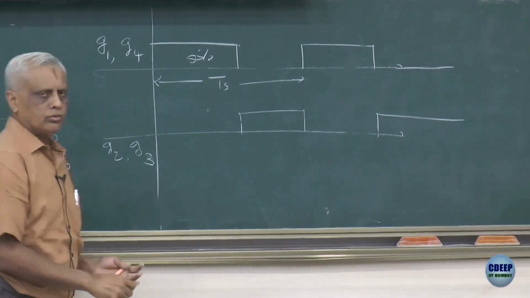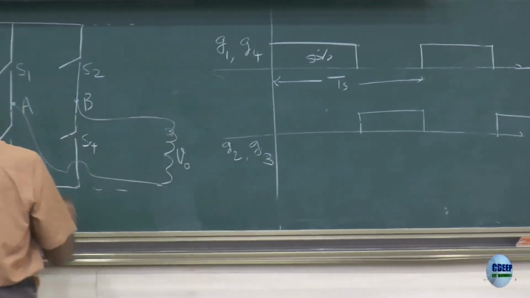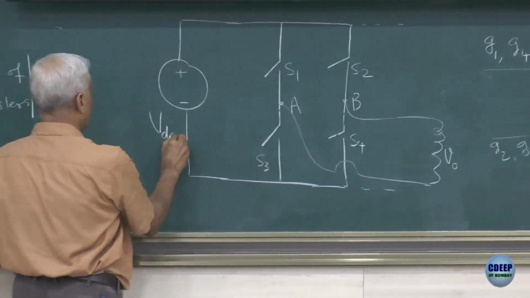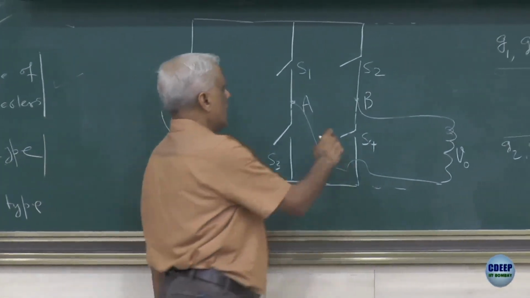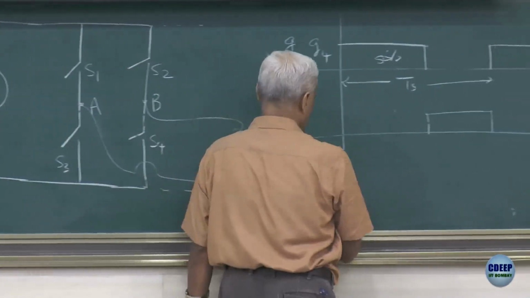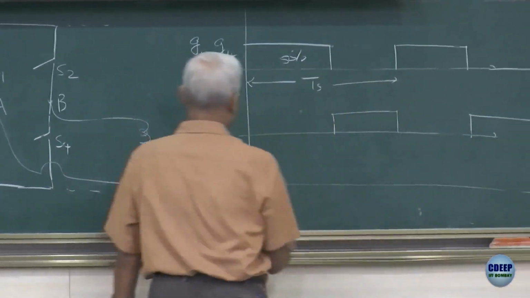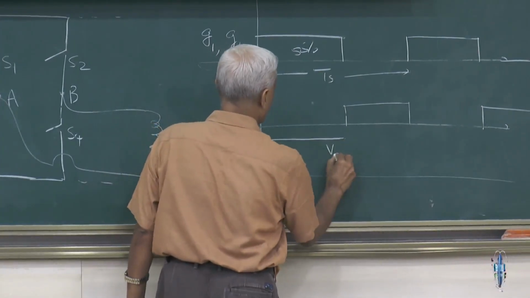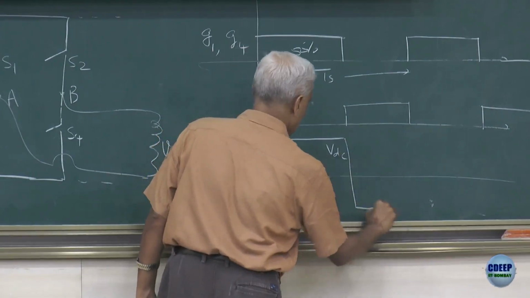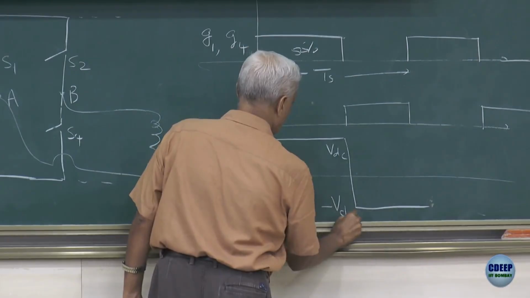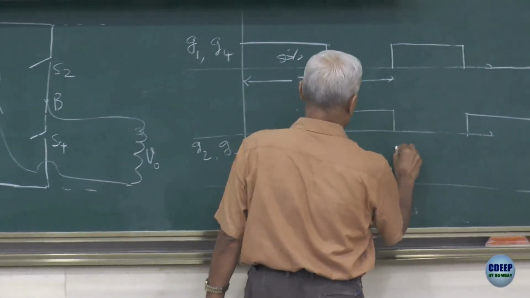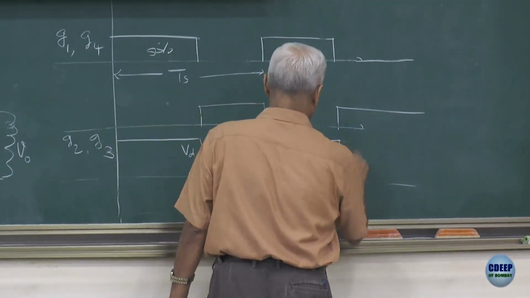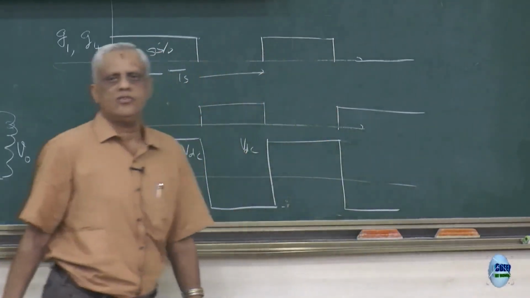So you can see that if I do that, when S1 and S4 are conducting, this voltage, if I call this again VDC with a capital V, then I can just draw it here, but not to scale, my VDC will appear here, then here it will be minus VDC, again it will be plus VDC, again minus VDC, and so on.